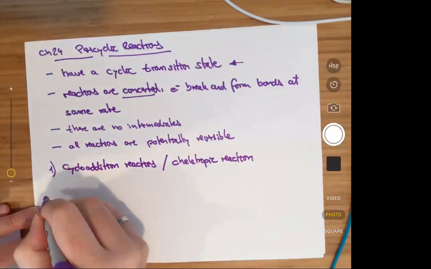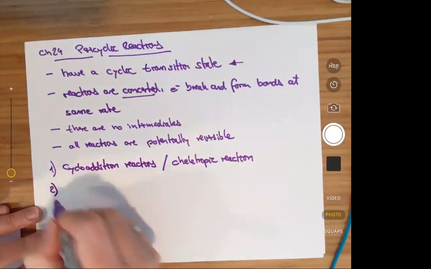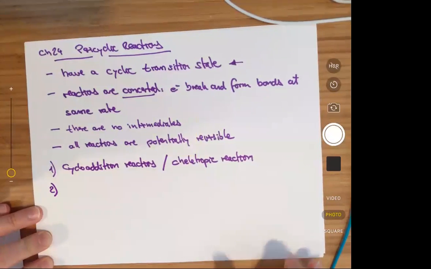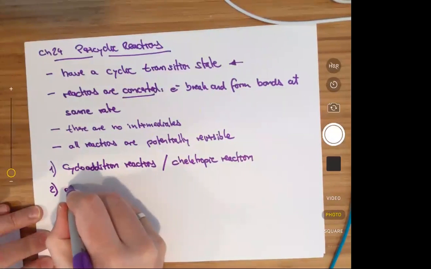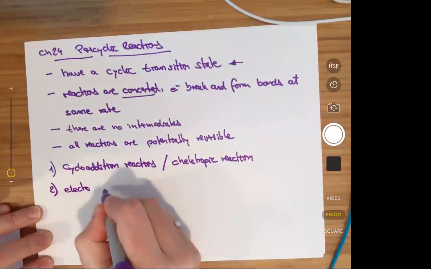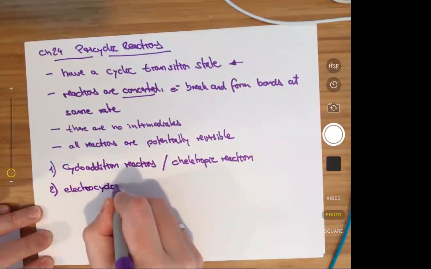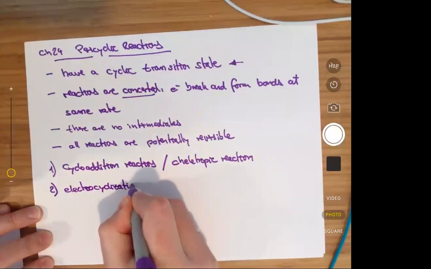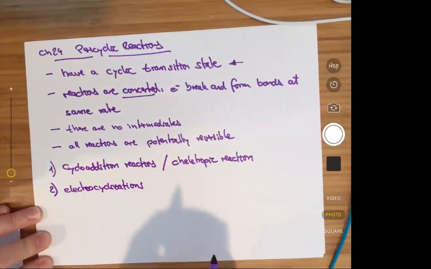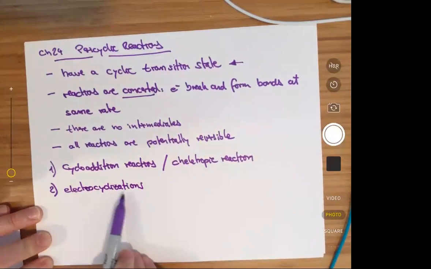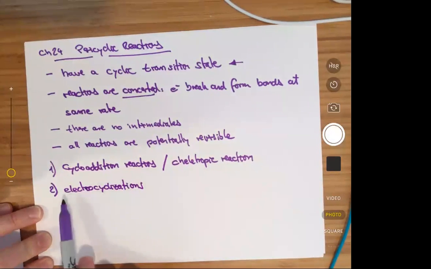The second most common class of pericyclic reactions are electrocyclizations. These are reactions that are related to the cycloaddition reactions, but they are distinguished by the fact that they are usually monomolecular.